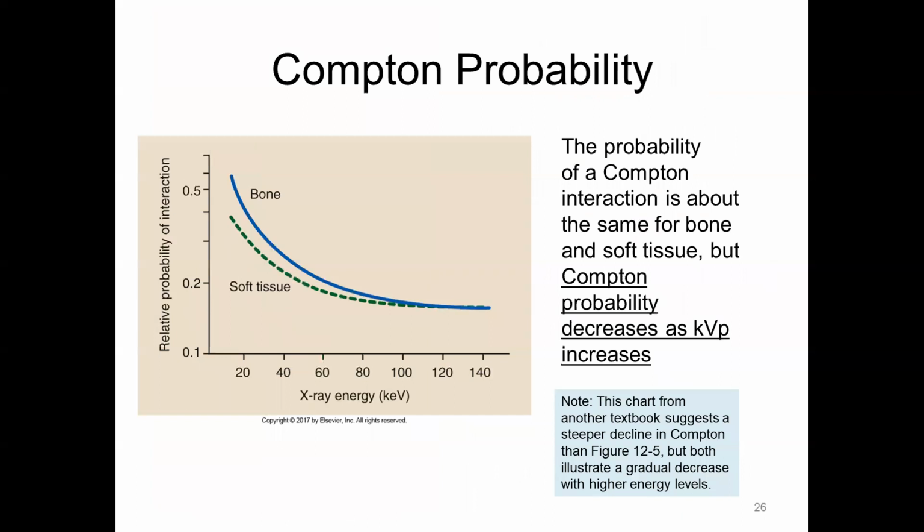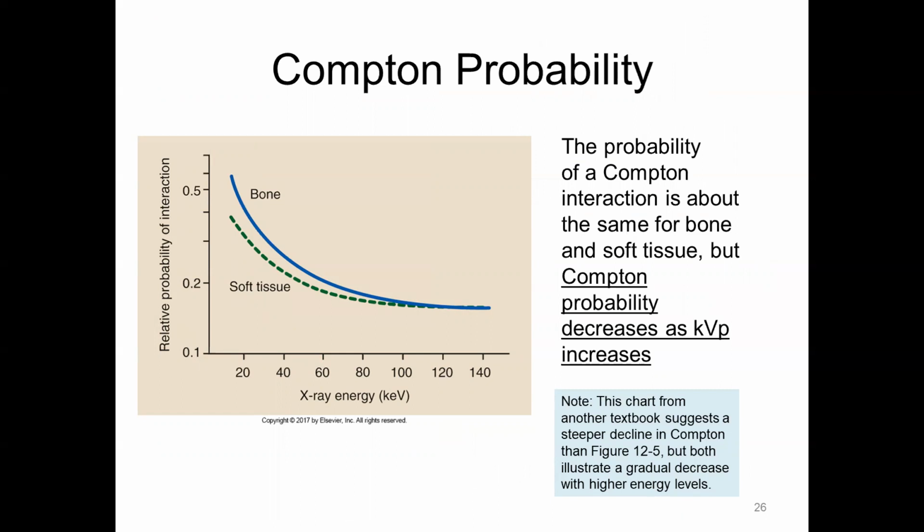Compton, they're pretty even. So just looking at this chart, it tells you the probability of a Compton interaction is about the same for the bone and for the soft tissue. But it's not a straight line. It is a slope.